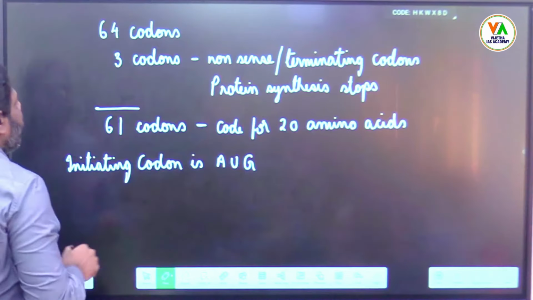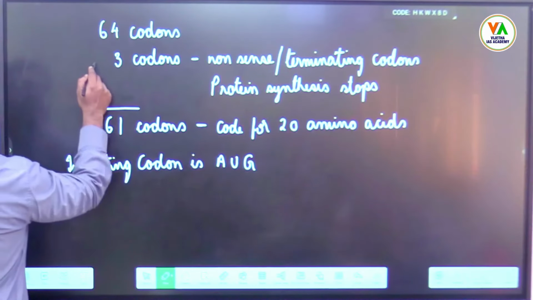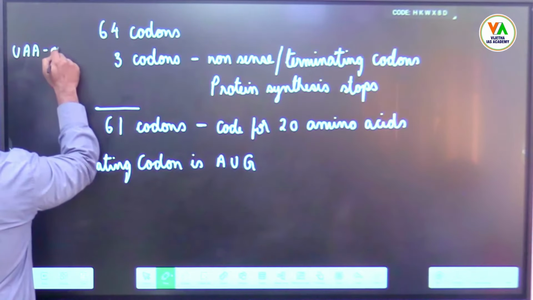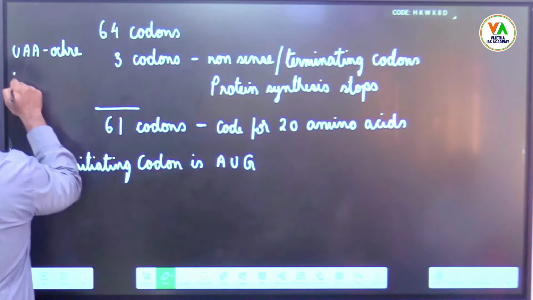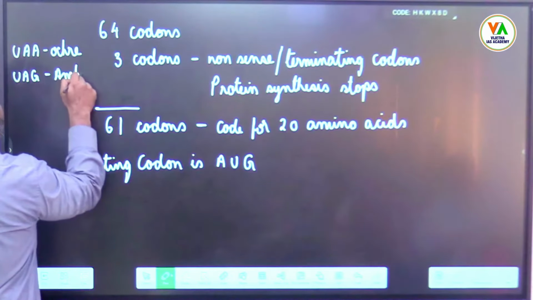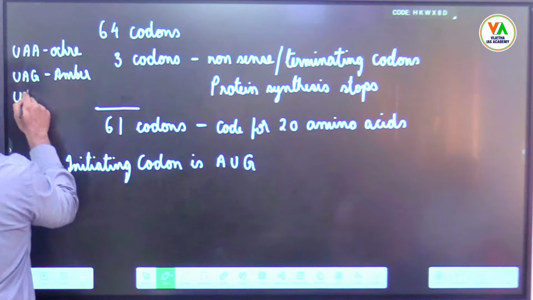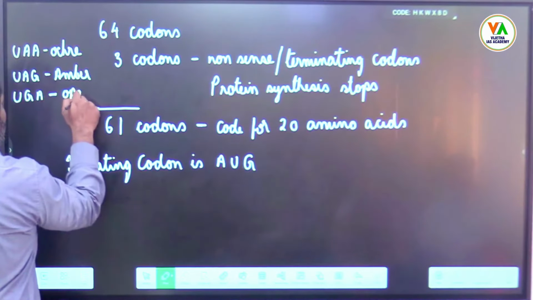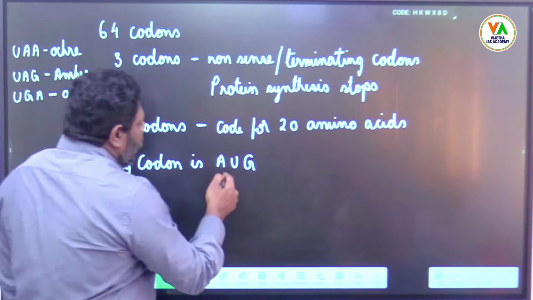These three terminating codons are UAA, which is ochre, UAG, which is amber, and UGA, which is opal. AUG is methionine.